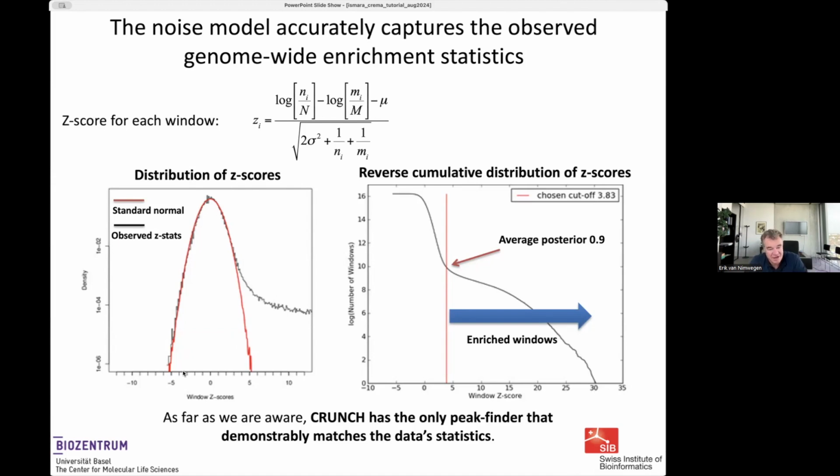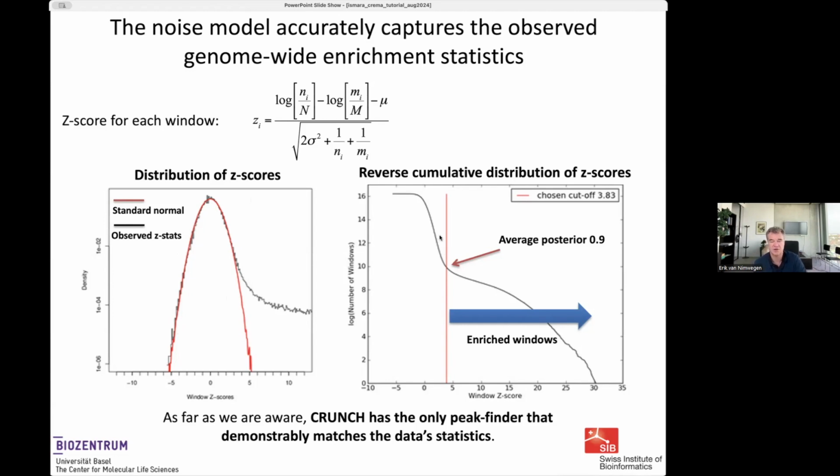We see that most windows in the genome indeed follow precisely this distribution. But there is a subset of windows where the z-scores are much higher. These are the windows that are truly enriched. The way we pick a cutoff is we choose a cutoff on this distribution such that the average posterior probability for the windows to be truly enriched is 90%.